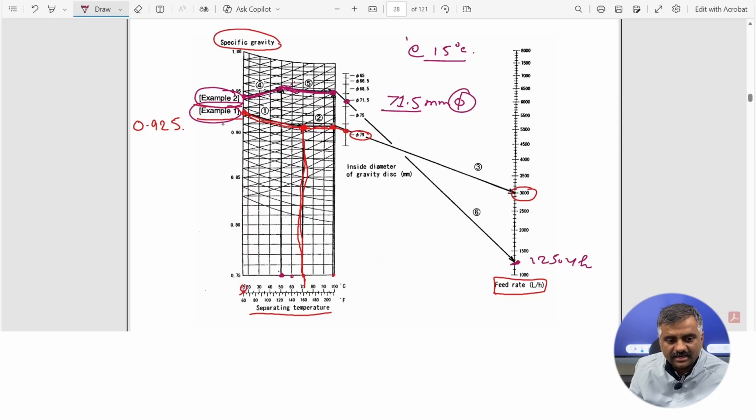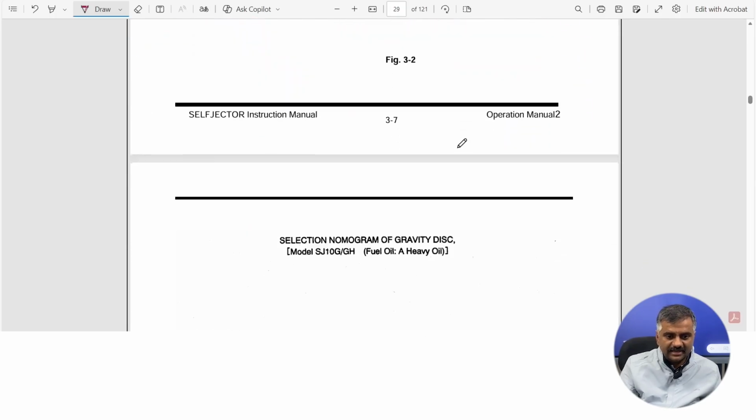The best is that you are aware of the specific gravity at 15 degrees centigrade, so directly you can take a falling curve and match it with the separation temperature, whatever separation temperature we are willing to keep as per the previous explanation, match it with 98 degrees centigrade and then cross it. So that is how the gravity disc is decided.